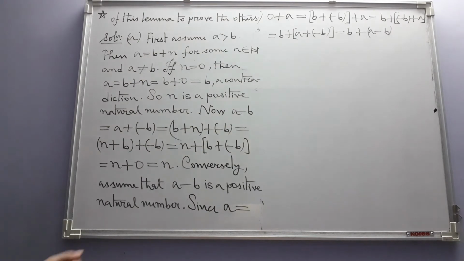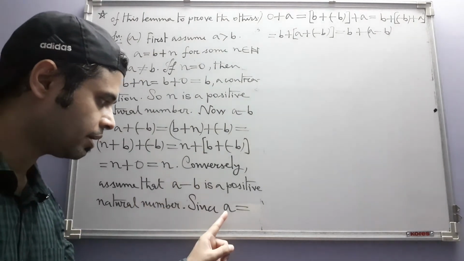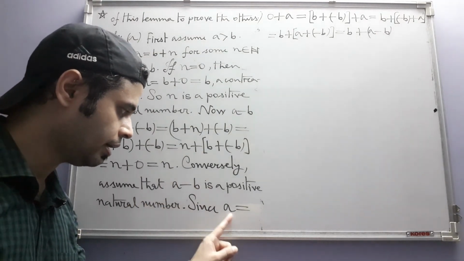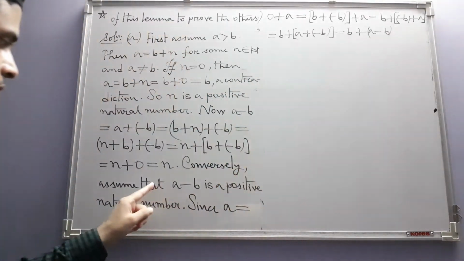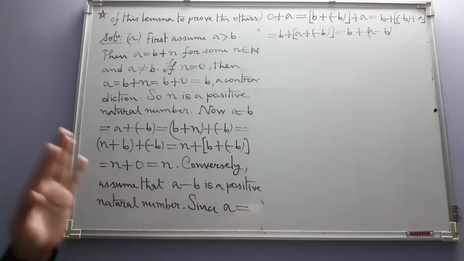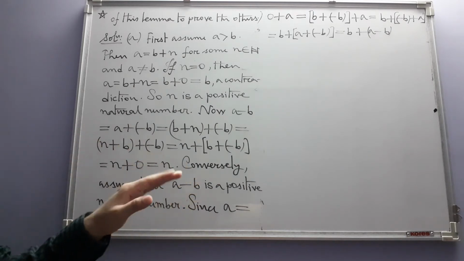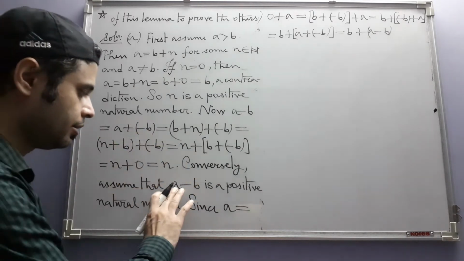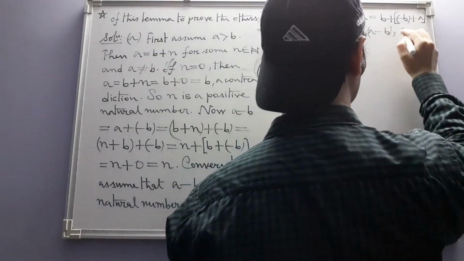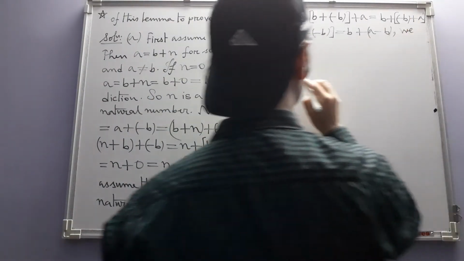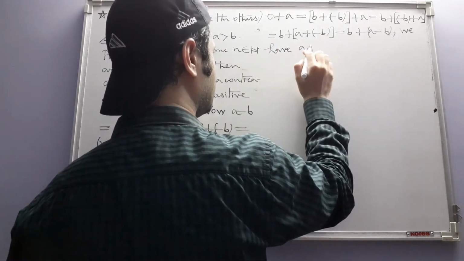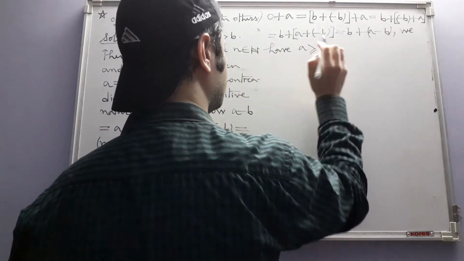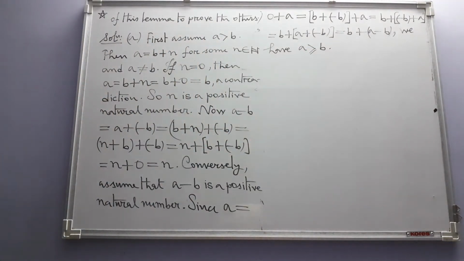So note that we have been able to write the integer a as the integer b plus a minus b, where a minus b is a natural number. It is also positive, but we will use that later. It is a natural number, so by definition, since this happens, we have a greater than or equal to b.